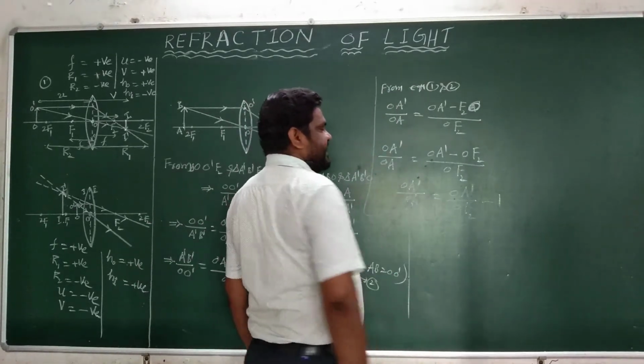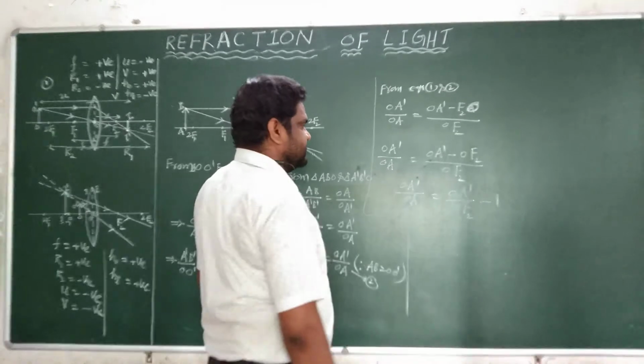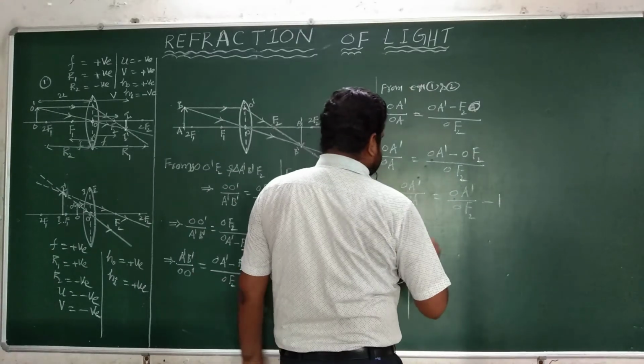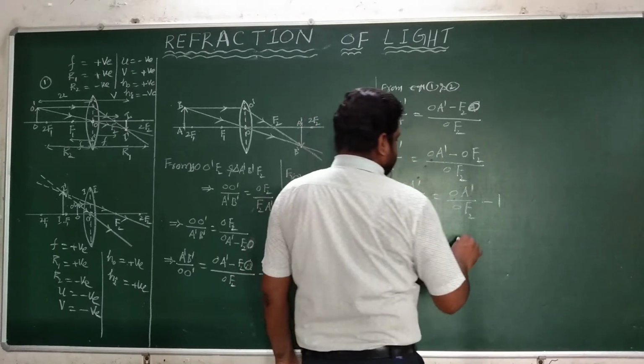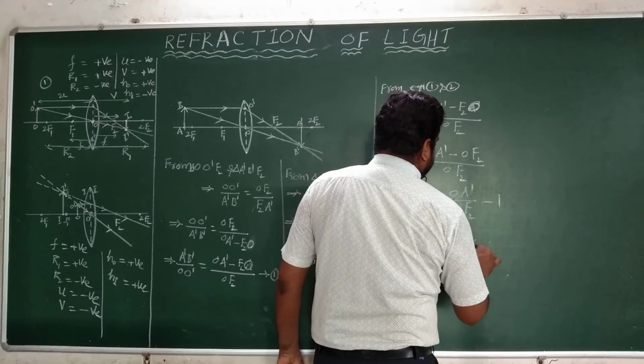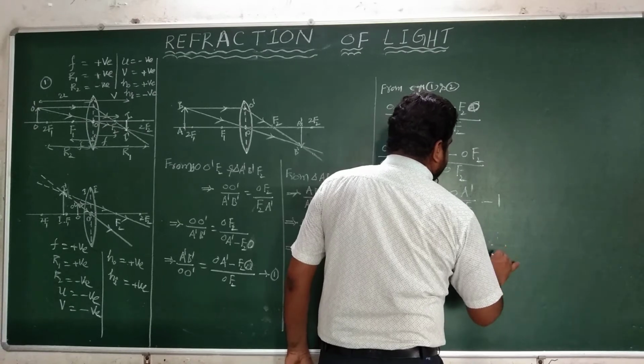So this equation, we divide with OA dash, in the sense 1 by OA equals 1 by OF2 minus 1 by OA dash.